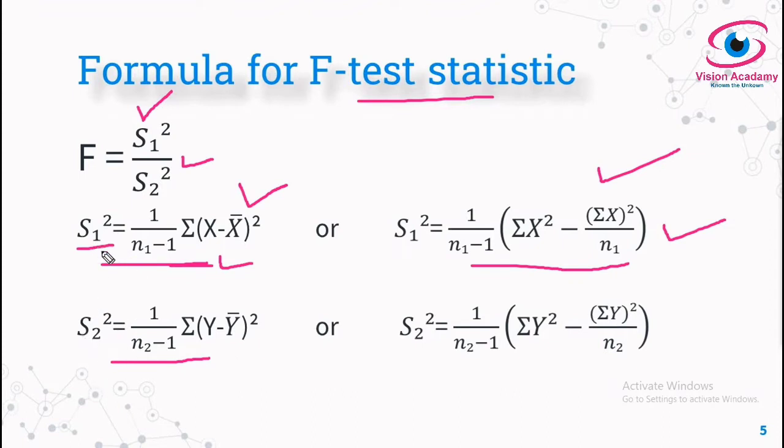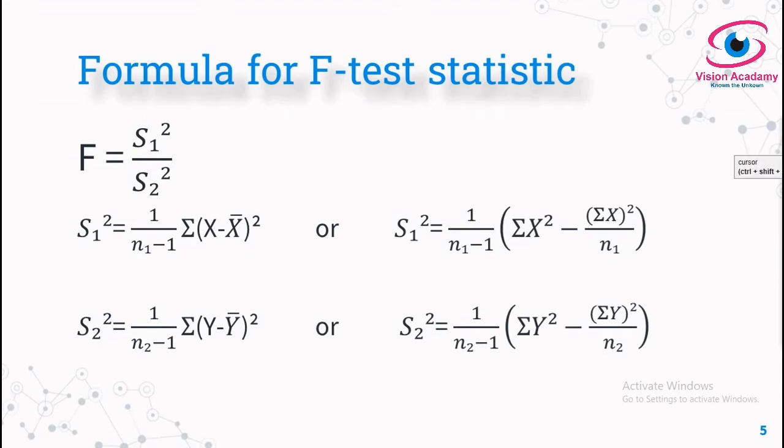So here is the sample variance of 1, here the sample variance of 2. Here for population 1 we have considered x, and for sample 2 we are going to consider y, which means one more sample. We can use either of the formulas and find the sample variance.